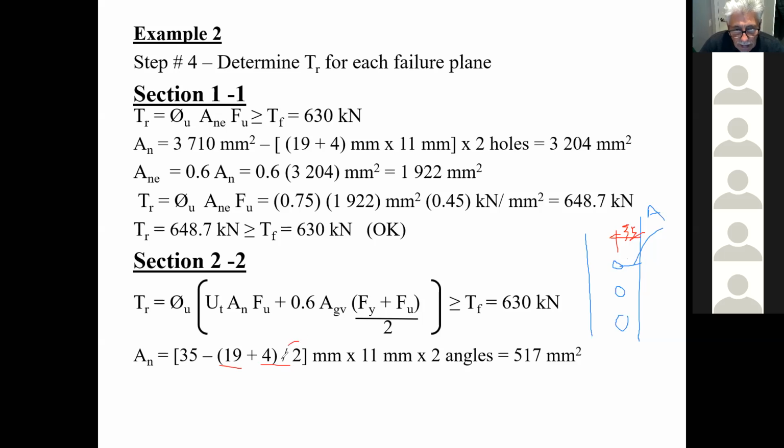And then I only take half because it's only half the bolt diameter that I take away from that plane. And of course, this is the thickness of the angles, that thickness there. If I multiply by 2 angles, that's the amount of area that I lose across here. So that's going to give me my AN value for that little plane there. I have 517.